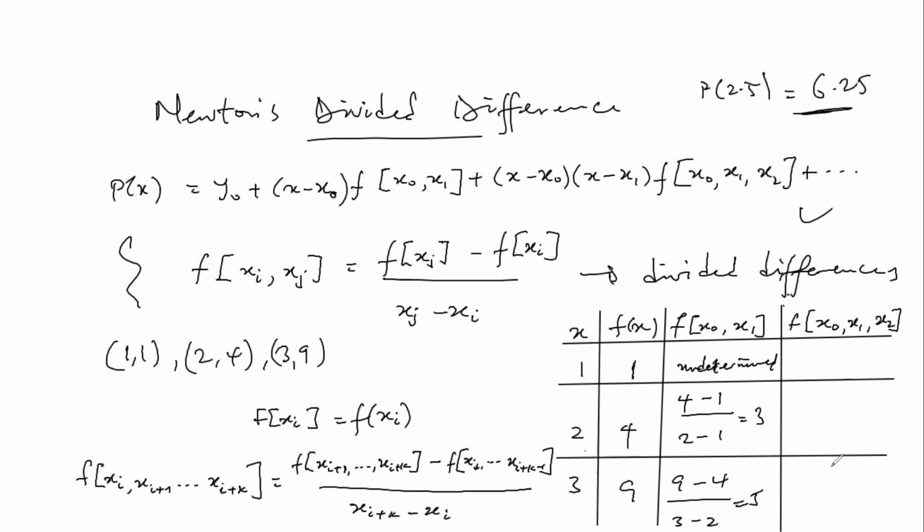Then at this point, we'll be dealing with 5 minus 3 over 3 minus 1, which is equal to, this is how many? 2 over 2, which is equal to 1. Yes, 1.